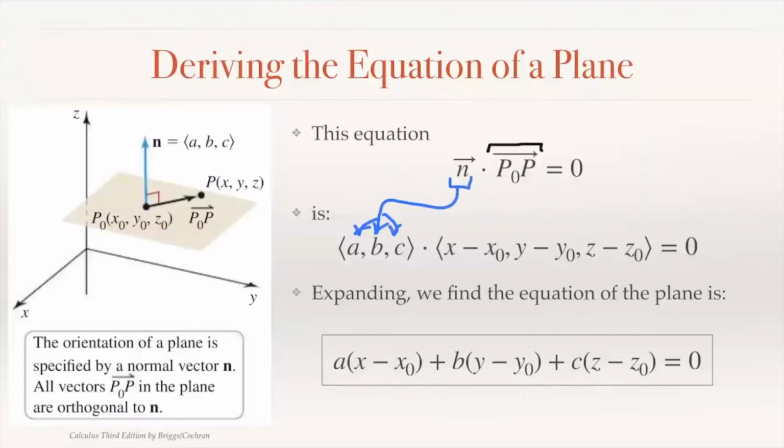And p is our point x, y, z. So this is x, y, z minus x naught, y naught, z naught.